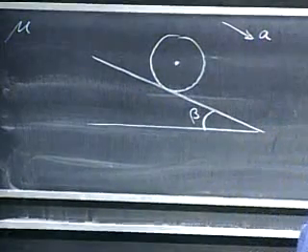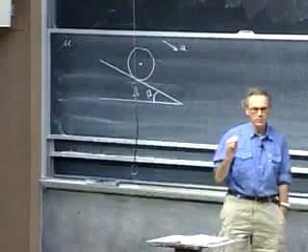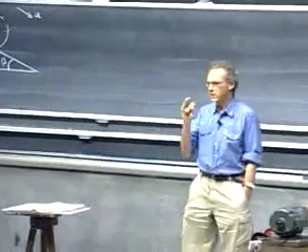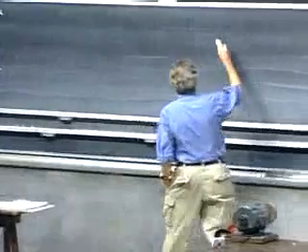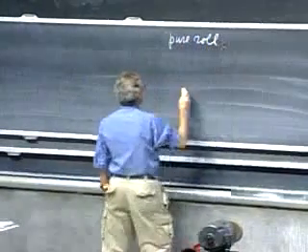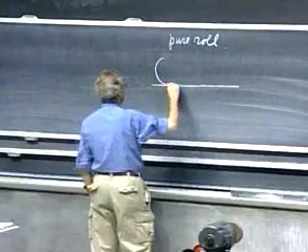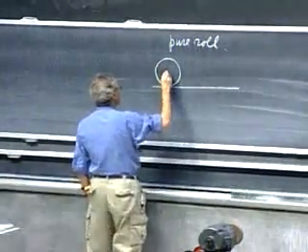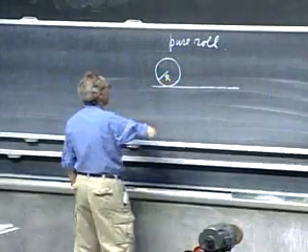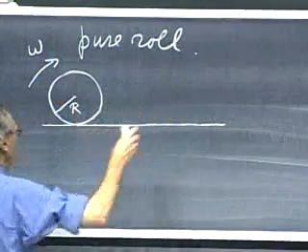And I will evaluate the situation when we have pure roll. That means the object is not skidding and is not slipping. What is pure roll? If here is an object, cylinder or sphere, with radius r, and I'm going to rotate it like this, and roll it in this direction.